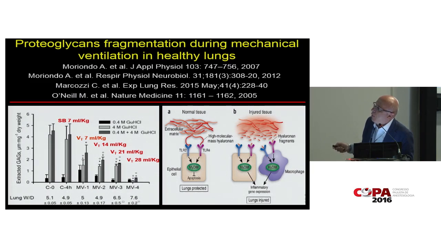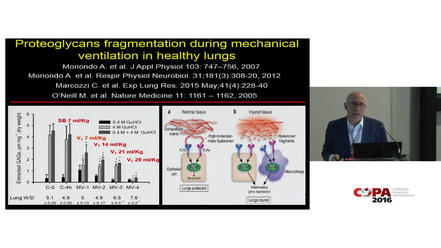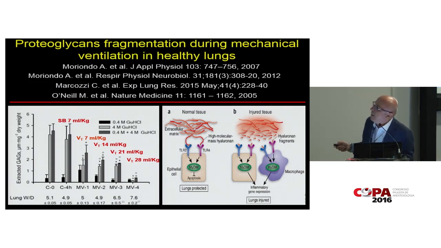When normal animals are ventilated with high tidal volume, we have a progressive fragmentation of the extracellular matrix. And on the other hand, even mechanical ventilation for 4 hours with relatively low tidal volume, 7 ml per kilogram, was associated with increased fragmentation of the extracellular matrix. So even a few hours of mechanical ventilation, even with protective tidal volume, may induce fragmentation of the extracellular matrix.